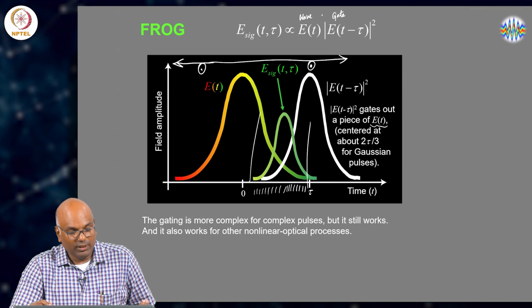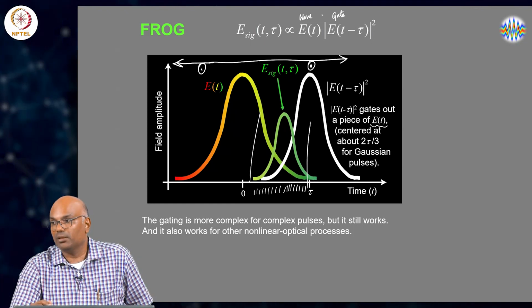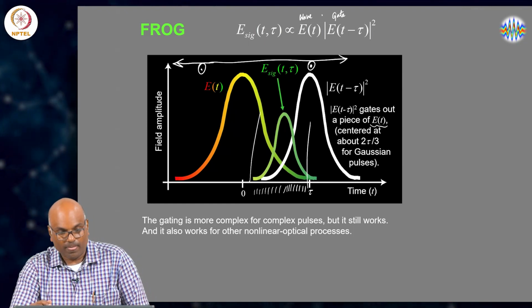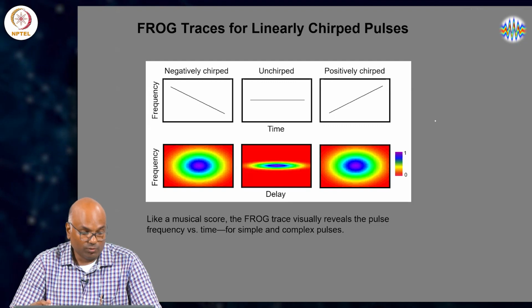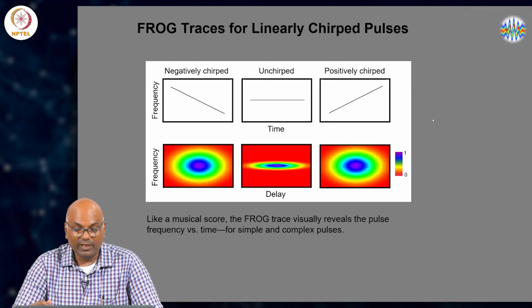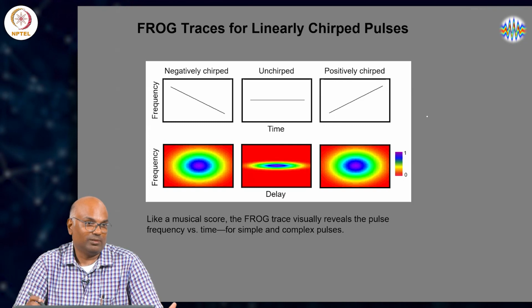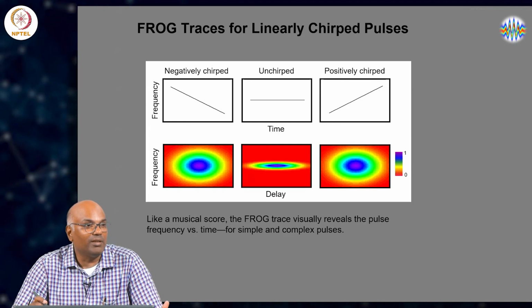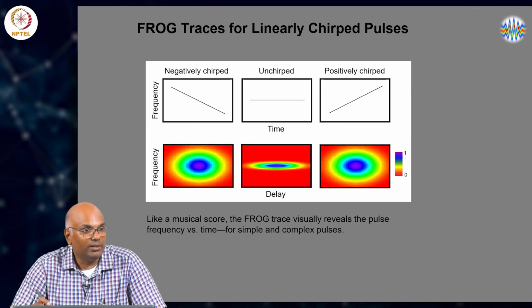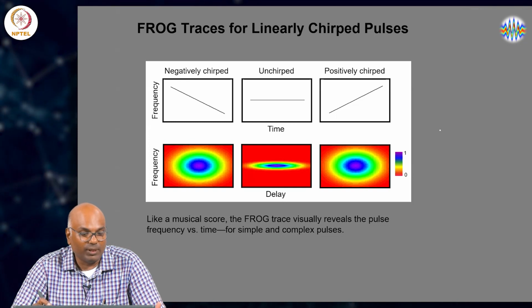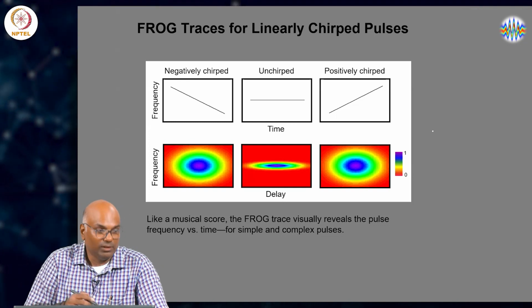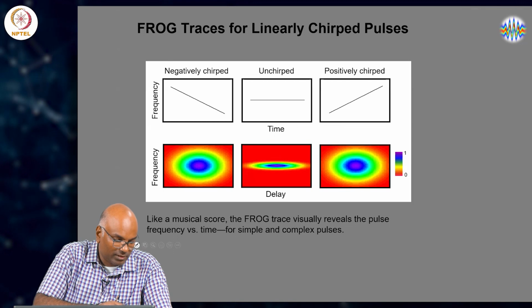And nonlinear processes come and aid us in this game. But what do we get out of the FROG measurement? Well, we get exactly what we were asking for. We get the time frequency maps, the spectrogram, which of course looks like what we were discussing earlier.